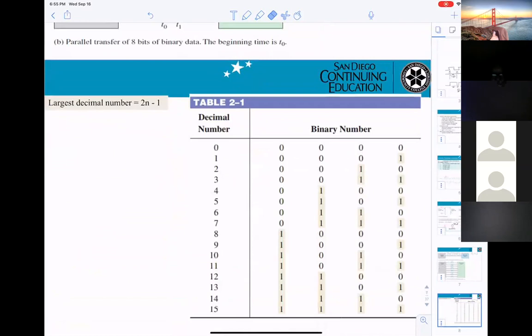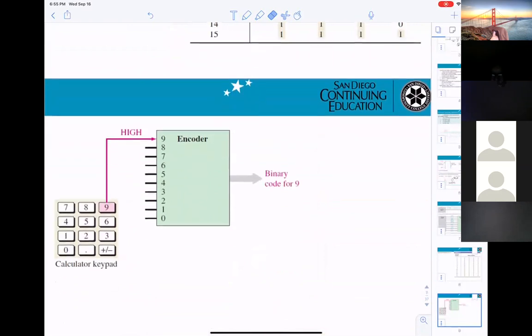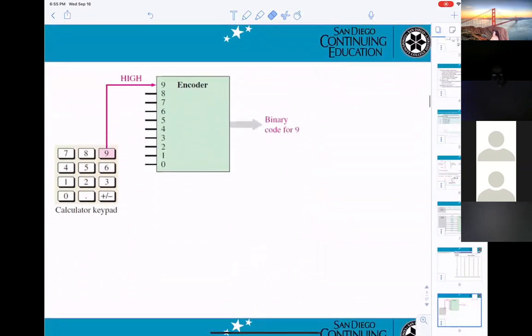Now you can see the numbers given to you here. Okay? 0 decimal, 1, 2, 3, 0, and so on. Quickly, and we can quit. This is just to bring one thing up to you. You get the IC called an encoder. In your keyboard, okay? There's a keyboard in here. You type number 9.